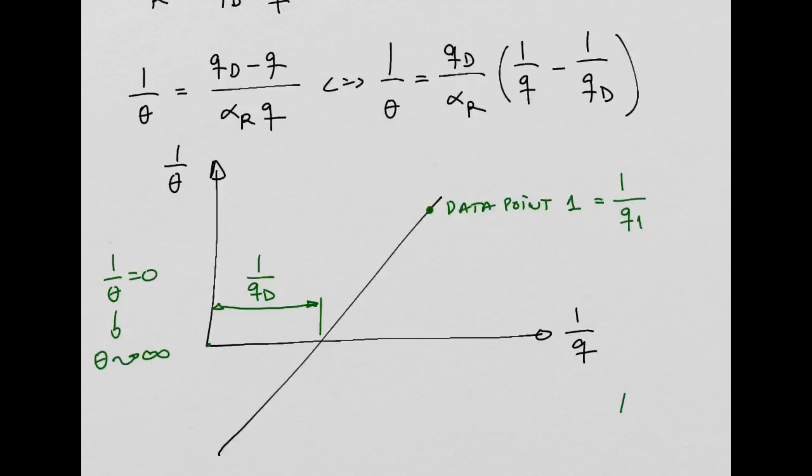So you can measure the dynamic pressure Q1. And if you get a second point, data point 2, 1 over Q2, if you increase a bit more the speed in your wind tunnel, you can get a second point. So once you get 2 points, you can draw a line, isn't it?